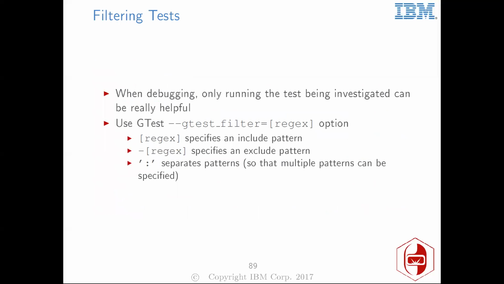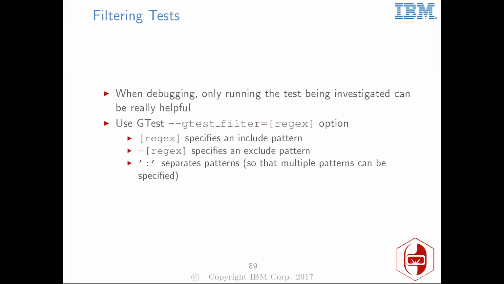Great. So now that we have all of these different ways of specifying lots and lots of tests, when only a few of them fail, it can be very much worthwhile only executing the test you're investigating. To do this, Google Test allows you to specify the option gtest_filter when you invoke the test suite.